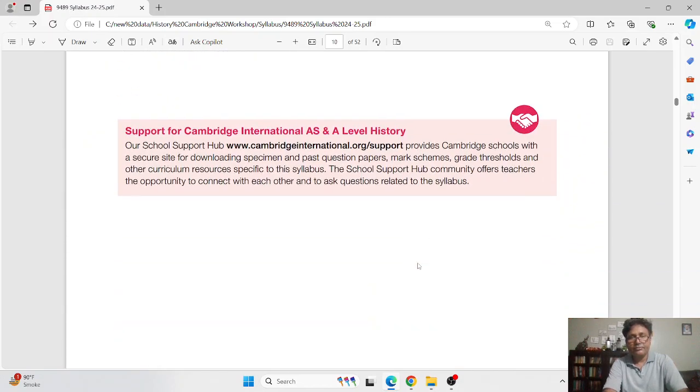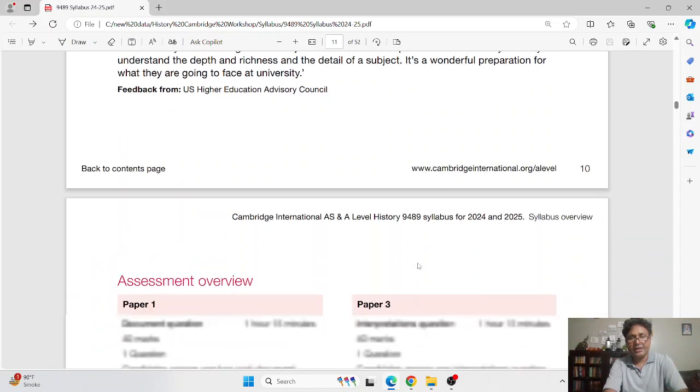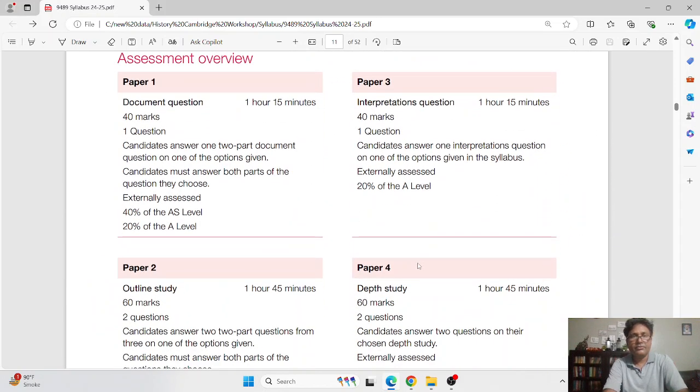Now you can see here the total marks for Paper 1 are 40, and a candidate is supposed to answer one two-part question. One question has two parts.